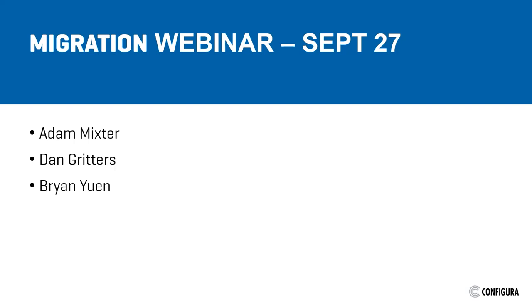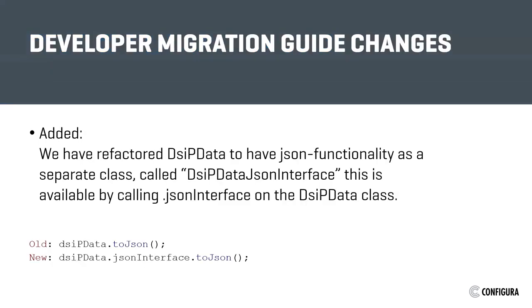All right, cool. So I'm going to go ahead and go through the migration changes first for the migration guide for developers. So here we go. The first thing that's been added is we refactored DSIP data to have JSON functionality in a separate class.